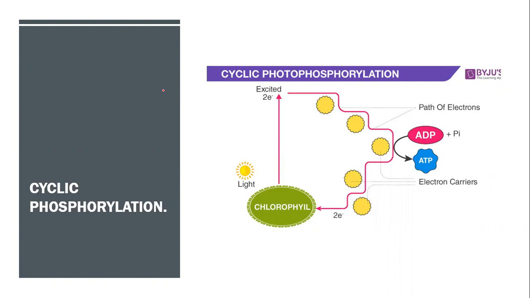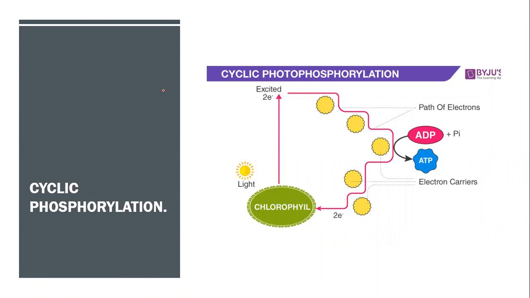So this is what is happening in your cyclic photophosphorylation. Okay, this is phosphorylation. Why? Because you're adding a phosphate group. Phosphorylation is when you're adding a phosphate group. Then we are using light energy to do it, so photophosphorylation. And why is it cyclic?